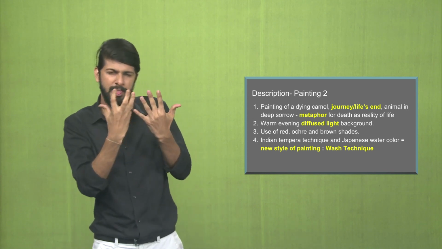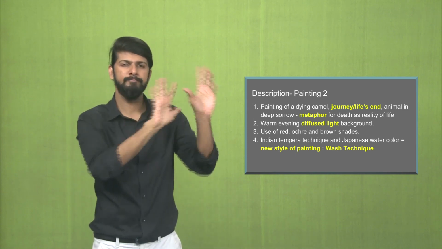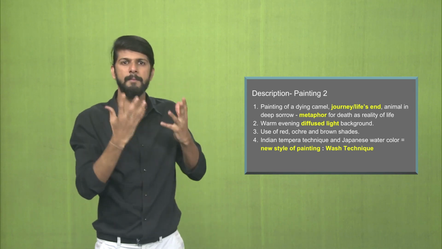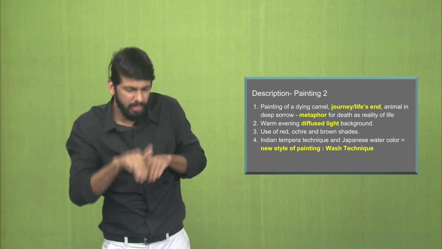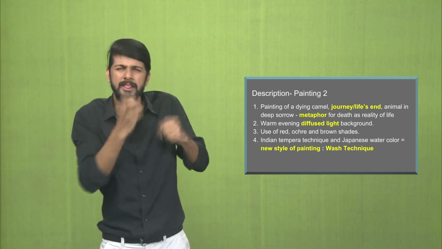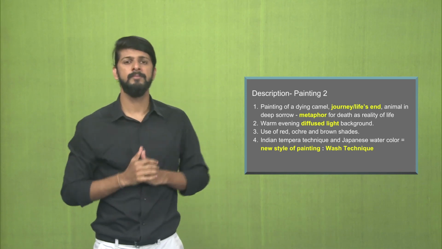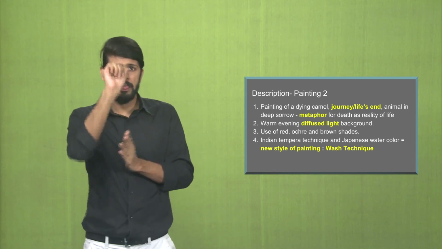Shades are variation in a specific color. The artist has played with the various shades of these three colors. For example, the background and the foreground all have been colored in different kinds of shades of these three primary colors.